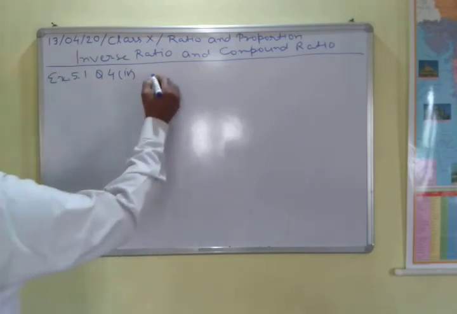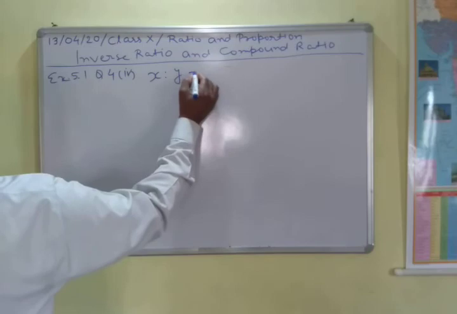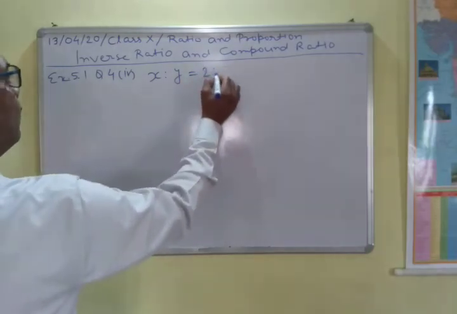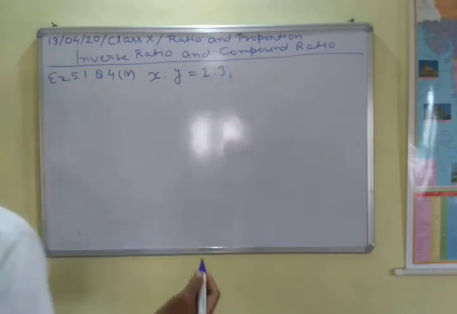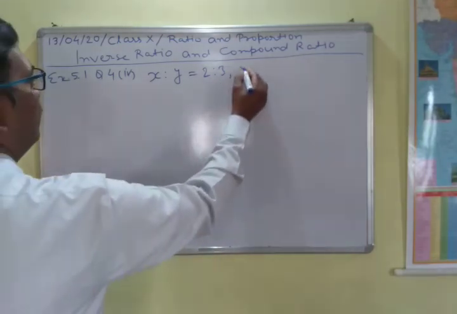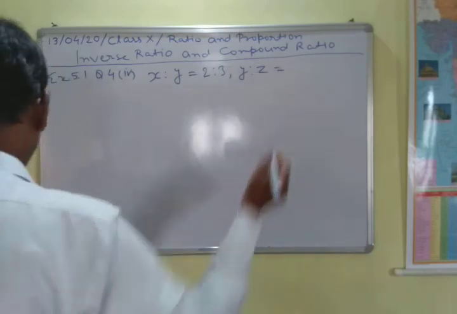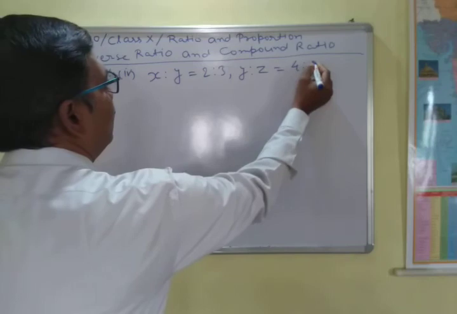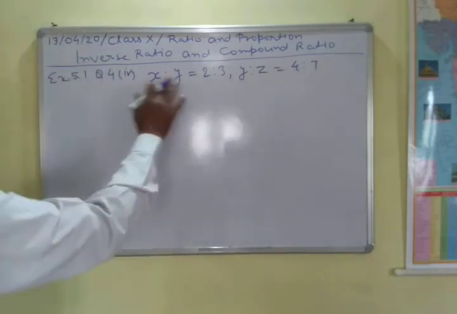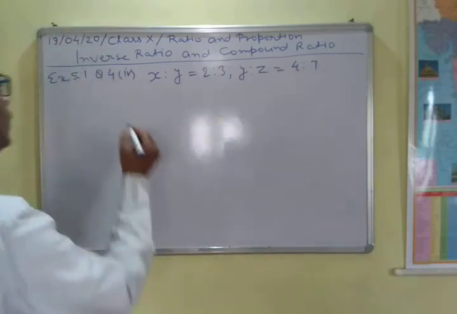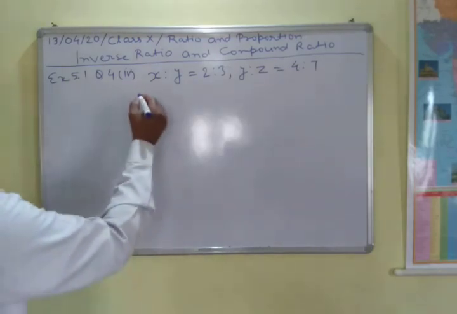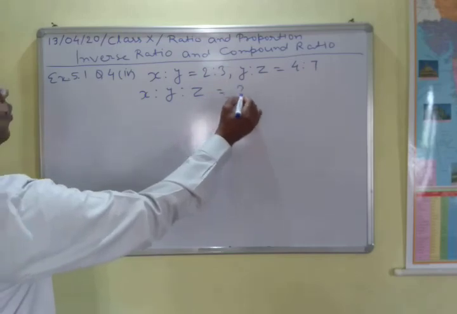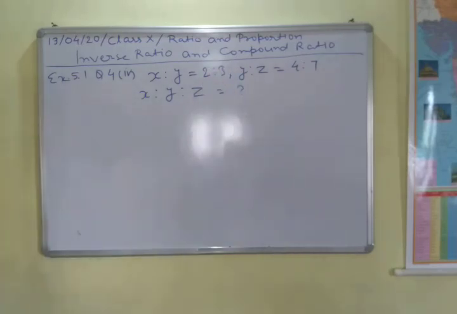In this case, you are given x is to y equal to 2:3 and y is to z equal to 4:7. Then find x is to y is to z. So this is the question.